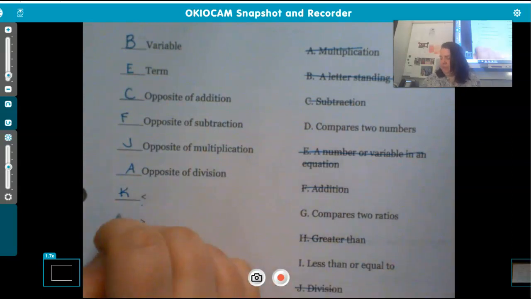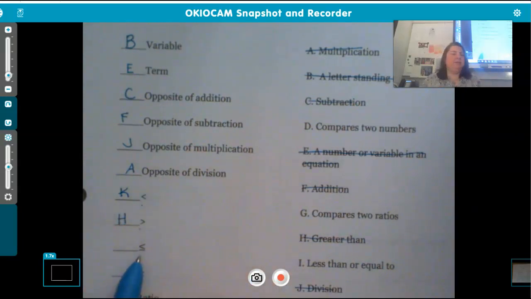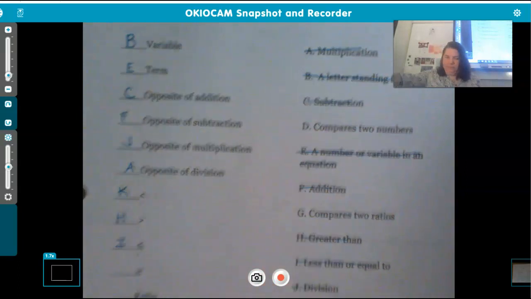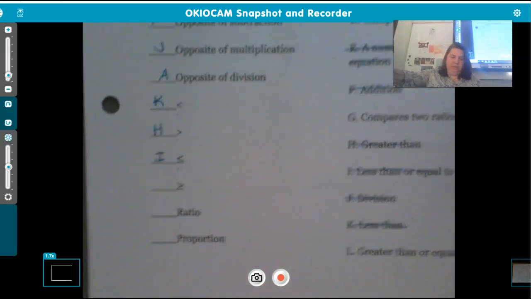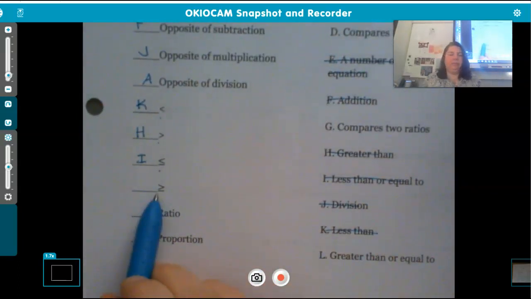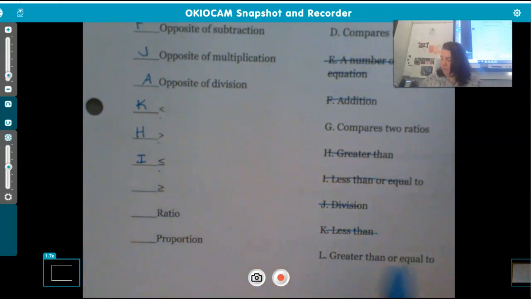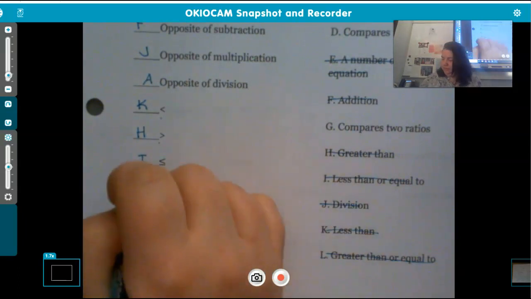That would be H. What is this one here? Yeah, less than or equal to. Letter I. What is this symbol? Greater than or equal to.